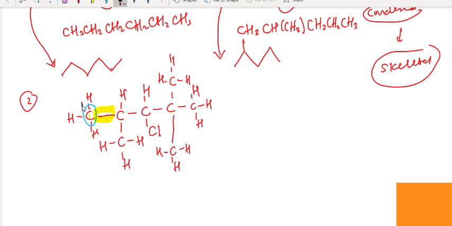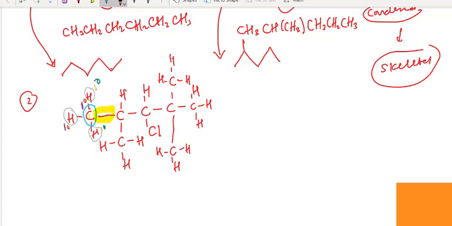You can label it on your structure. Once the carbon is primary, the hydrogen bonded to this carbon is also primary hydrogen.